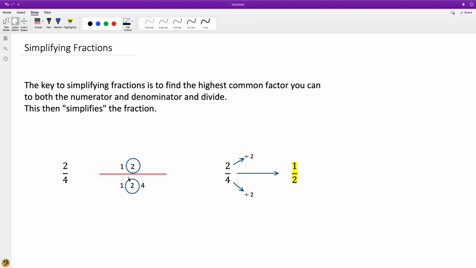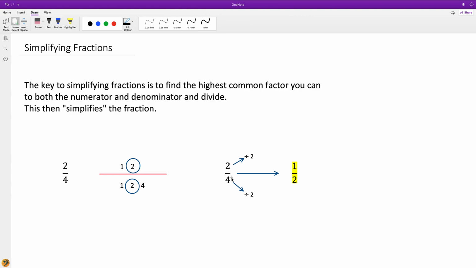Then, as we've set up, we divide. We take our numerator, 2, and divide it by 2, our highest common factor, and that gives us 1. Then we do the same with the denominator.